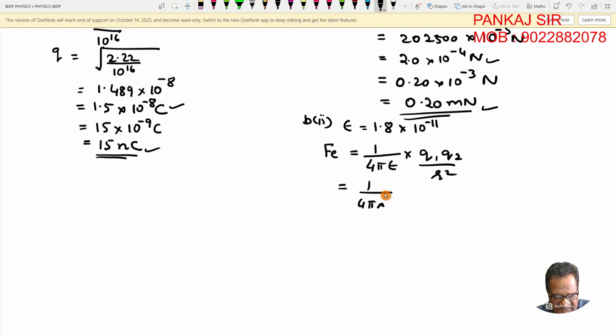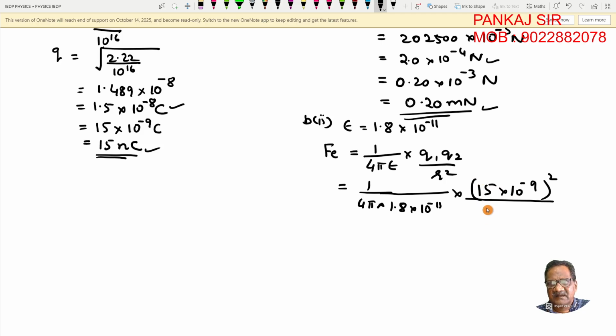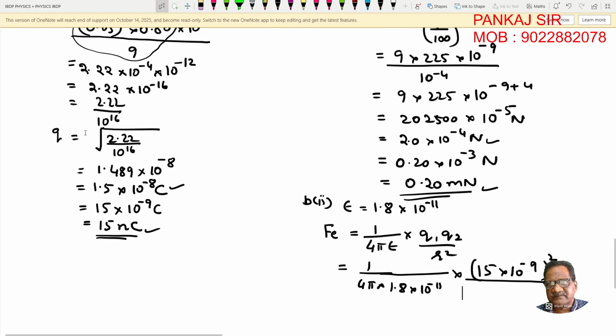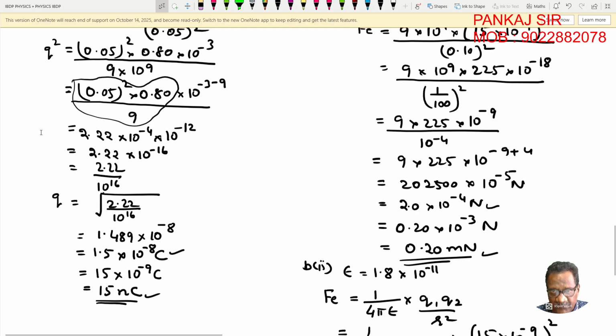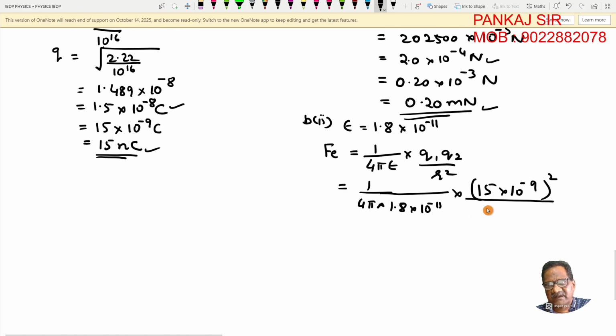Now epsilon is 1.8 into 10 raised to minus 11, into Q1 Q2. Now Q1 and Q2 we will take the same way, 15 into 10 raised to minus 9, the whole square, because Q1 and Q2 both are same, divided by R square. What is the R square? 0.05. So 0.05 square.